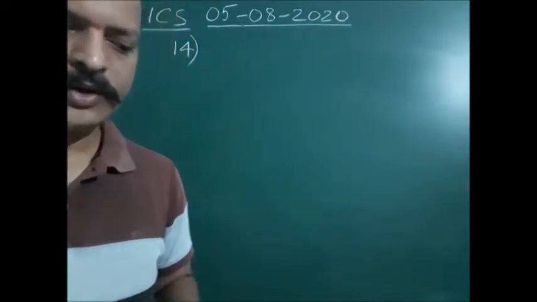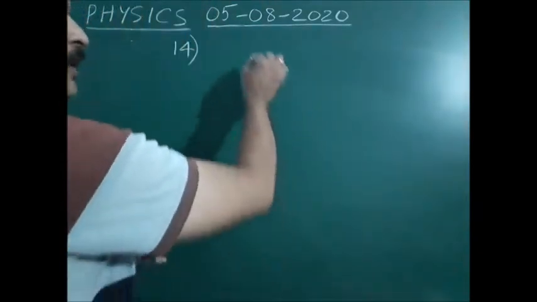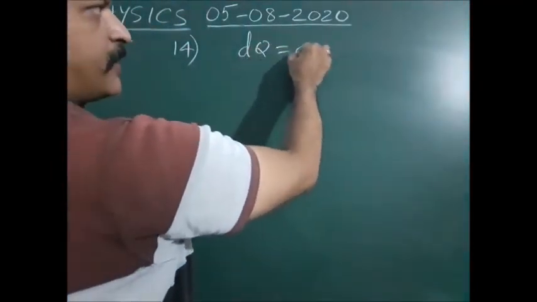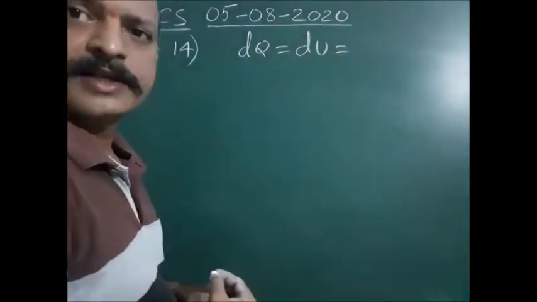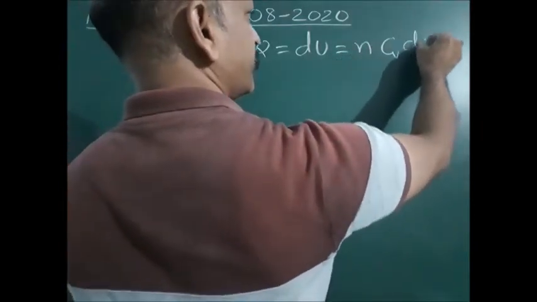Now here both of them are at constant volume. So the heat energy at constant volume is used for increasing the internal energy dU, which is nCv dT.